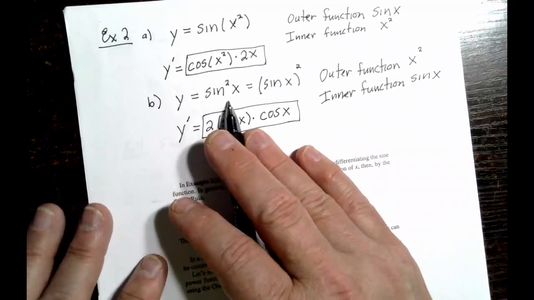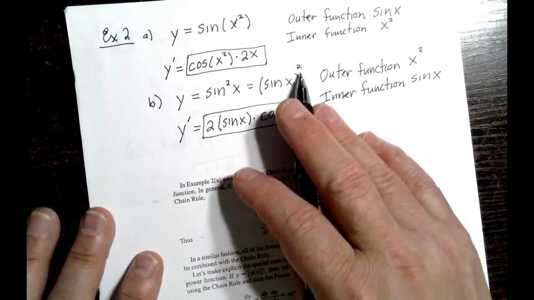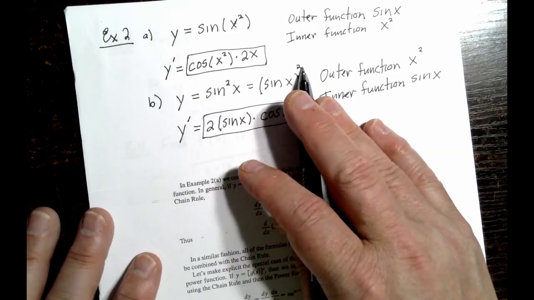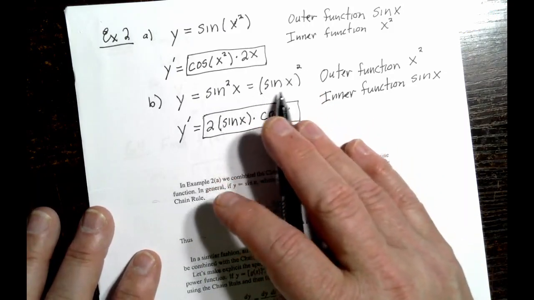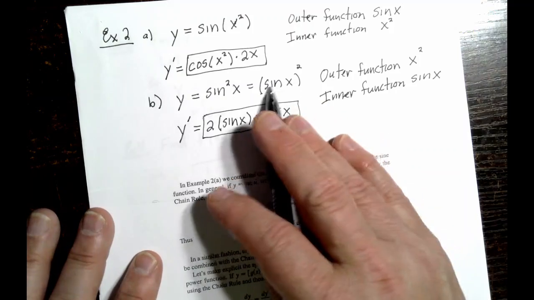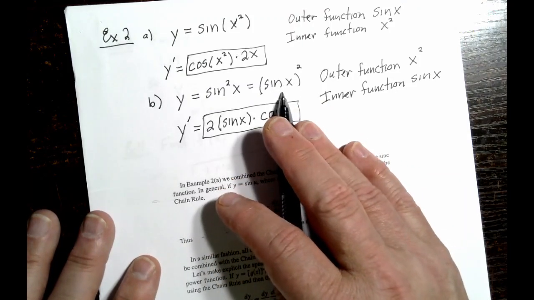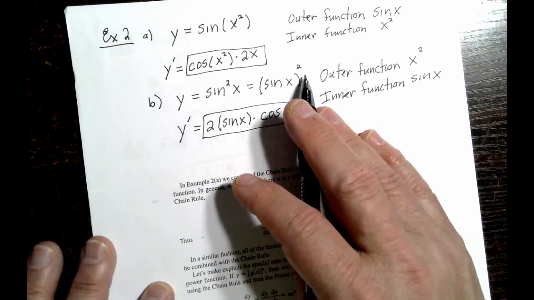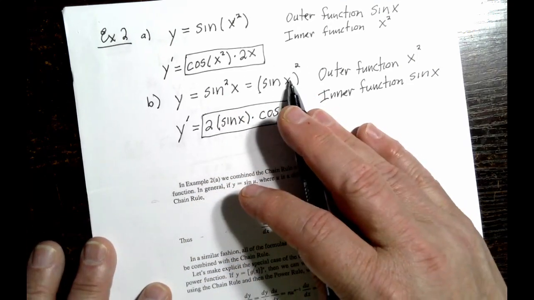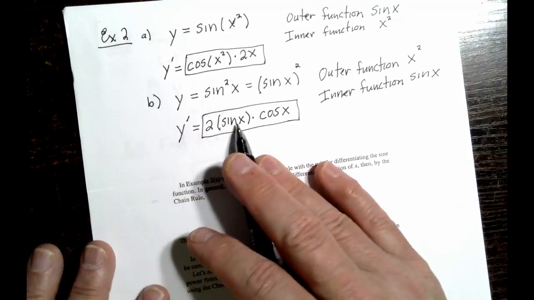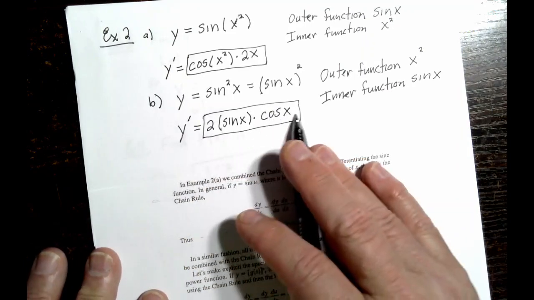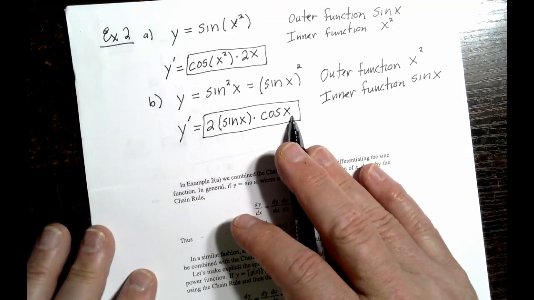Now what if you got sine squared x, which is really sine of x quantity squared? So your outside function is x squared. Your inside function is sine x. So the derivative of the outside function, x squared, is just 2 times the function itself, or 2 times sine. And the inside function's derivative is cosine.